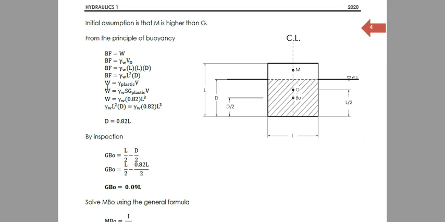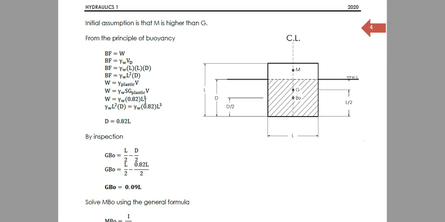Then, solving for the weight of the plastic, given naman yung specific gravity ng plastic. So weight of plastic is equal to gamma of plastic times the volume of plastic, which is the entire volume. Then weight is equal to gamma of water times specific gravity ng plastic times volume. Specific gravity of plastic is 0.82 given dun sa problem.